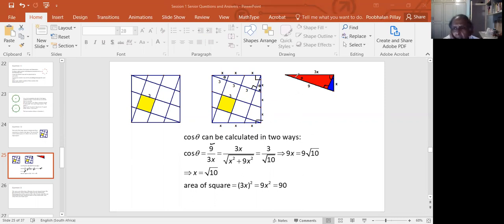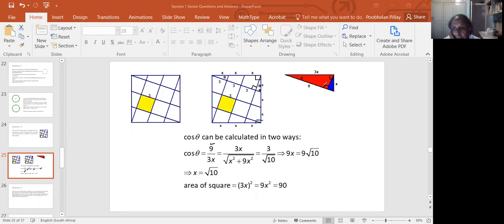As you can see. But now theta is also an angle in the large triangle. And there, in the large triangle, 3x becomes the adjacent side, and this becomes the hypotenuse. Right?